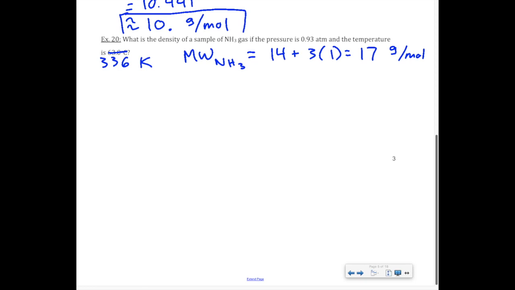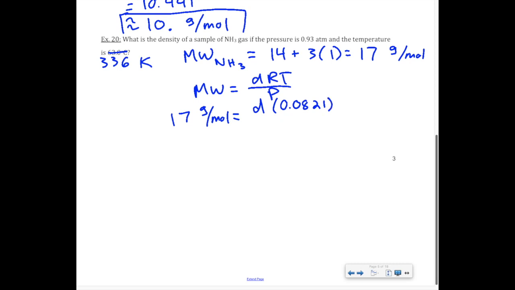Okay. So if we know that the molecular weight equals dRT over P, then we have 17 as my molecular weight, grams per mole, and my density is unknown, so that's a little d, times my value of R. R is going to be 0.0821 this time because I'm using pressure in atmospheres in this example.